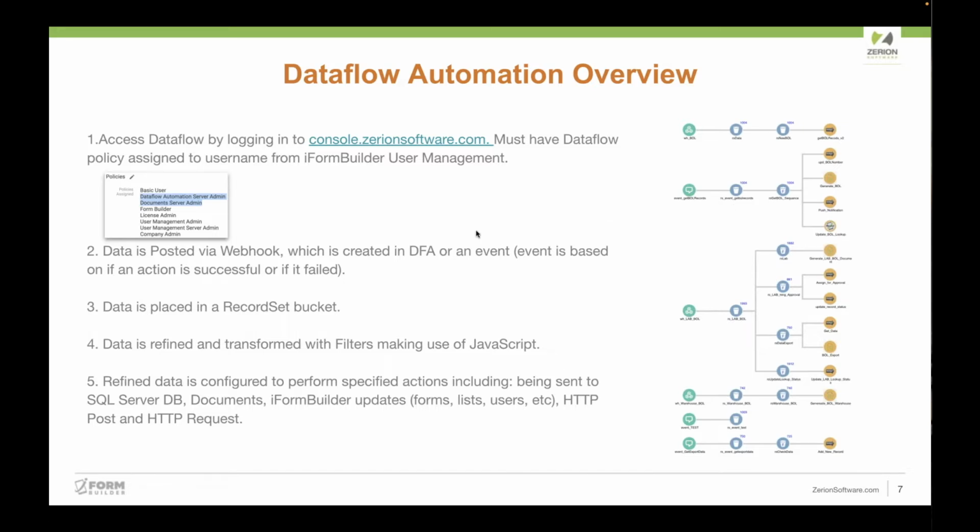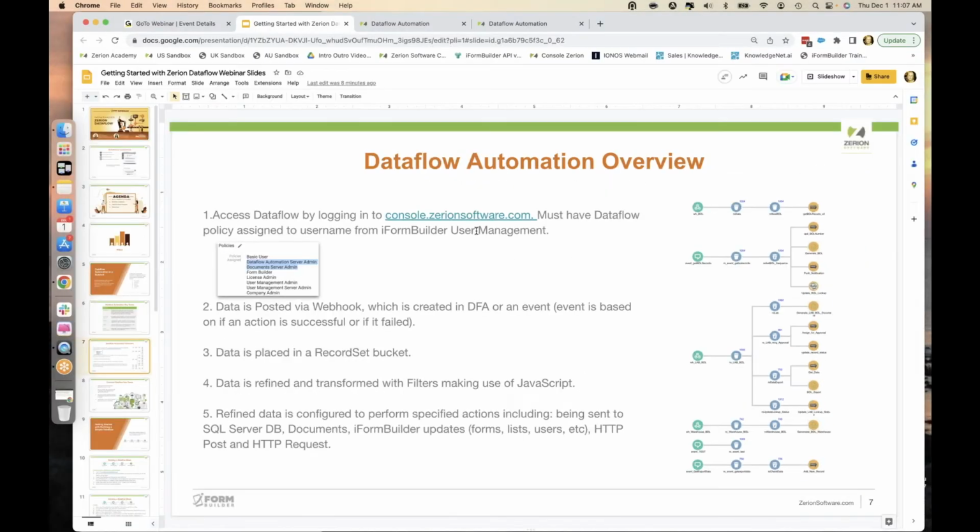So the first step here is you're able to access data flow by logging into console.zerionsoftware.com. Now, what you have to keep in mind here is you have to have a data flow policy assigned to your username from within the iFormBuilder user management. So in our invitation to this webinar, we did mention that you have to have upgraded your dedicated database to our new user management.